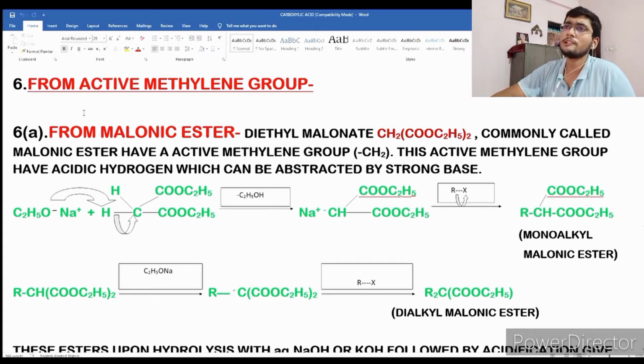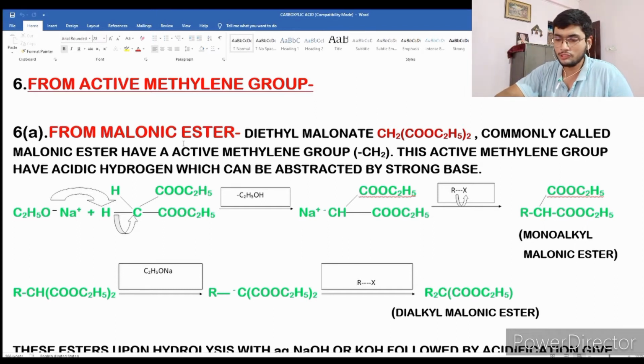The first active methylene compound is malonic ester. In malonic ester there is an active methylene group. By active methylene group, I hope you have understood that the methylene group has acidic hydrogen, and by using those acidic hydrogens we will make carboxylic acid. How?